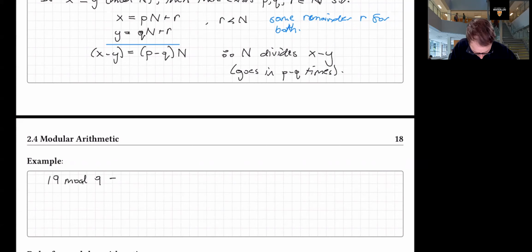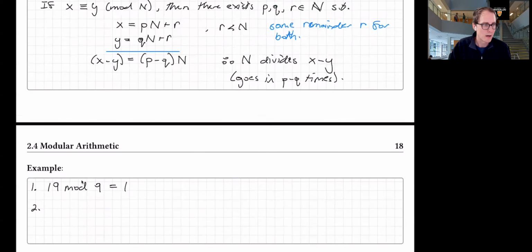So this is going to be equal to 1. And another thing I could say is 19 is equivalent to 28 mod 9. Right? These are not numbers between 0 and 8, but they both have the same remainder when I divide by 9. Because similarly, if I divide 28 by 9, it goes in 3 times with a remainder of 1.